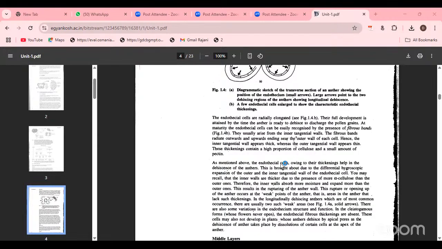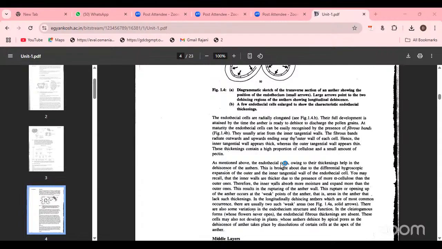The endothelium cells are rapidly elongated. Their full development is attained by the time the anther is ready to dehisce, or to discharge the pollen grains. At maturity, the endothelial cells can be easily recognized by fibrous bands that usually arise from the inner tangential wall.